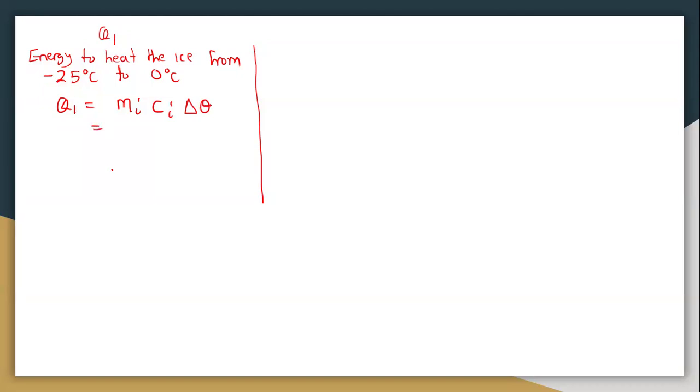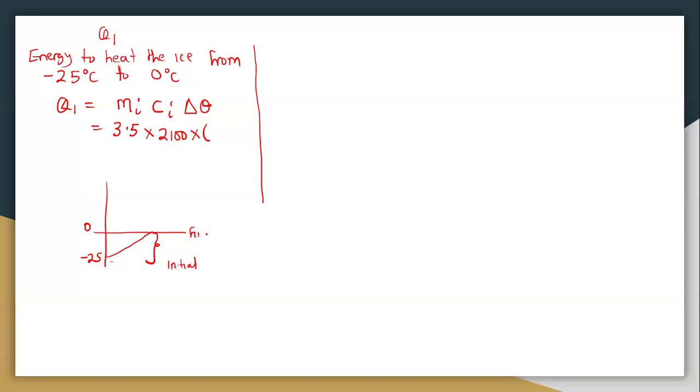So here, when you look at our graph, you notice it very well that we are going to have our change of state. This is negative 25, and this is where we have 0. So the mass of ice was given as 3.5 times specific heat capacity of ice, which is 2100, then times the temperature change. So our temperature is changing from negative 25 to 0. So negative 25 is your initial.